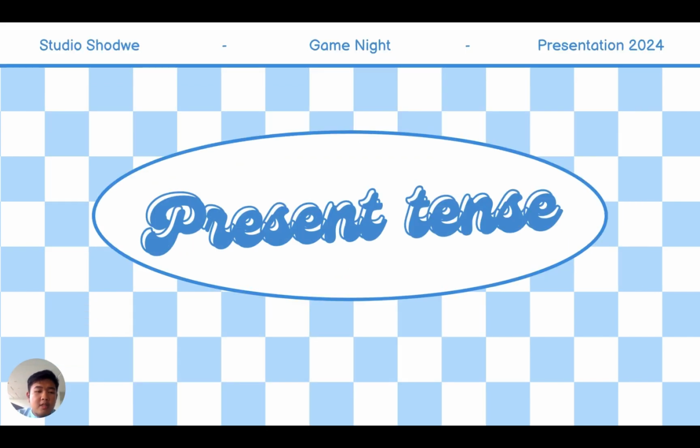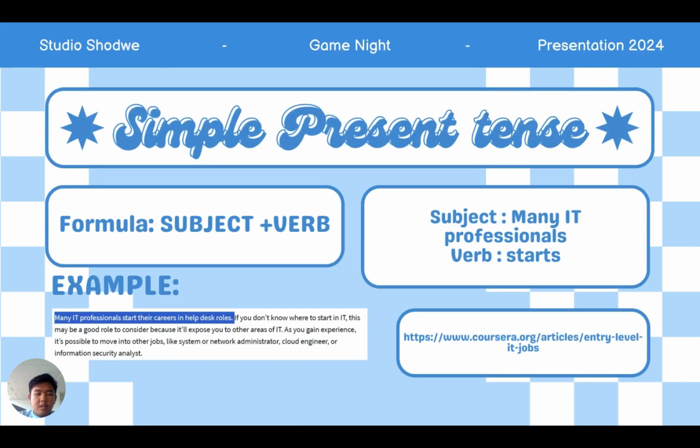Alright, next, present tense. In this topic, we have simple present tense, present continuous tense, present perfect tense, and present perfect continuous tense. First, we have simple present tense. Simple present tense is used to describe habits, unchanging situations, general truths, and fixed arrangements.